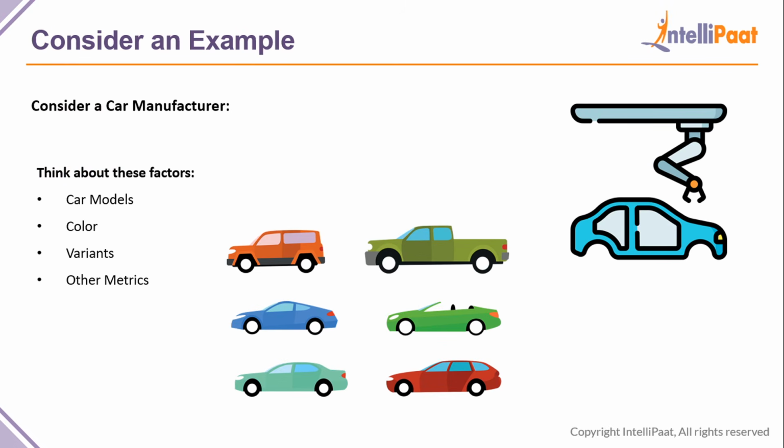To give you an example of why we need structured data, think of a car manufacturer. Think of your favorite car manufacturer, ladies and gentlemen. The cars come in a lot of variety. See, there are different models, as you can see on your screen. There are different colors of the same model. There are different variants. One can run off petrol, the other one can be a diesel powered engine, and there are many other metrics as well.